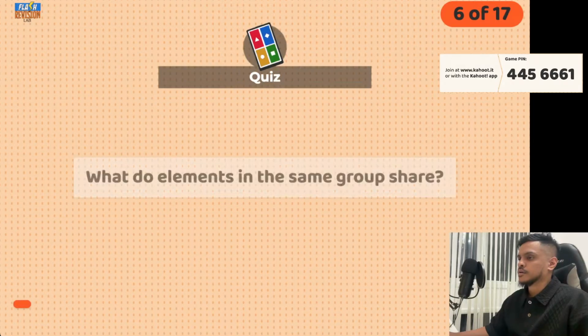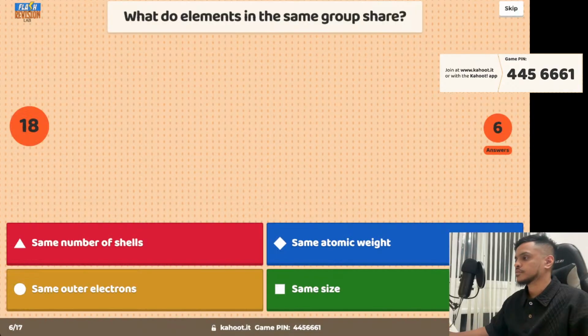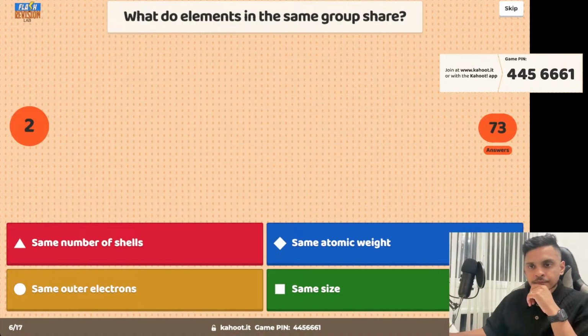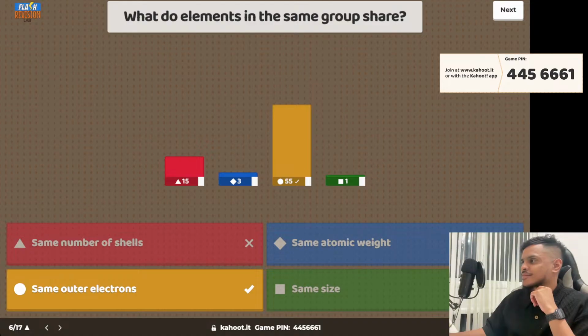What do elements in the same group share? So what do they have? Same number of shells, same atomic weight, same number of outer electrons, same size. What's the answer here? What do you guys think? Same outer electrons.